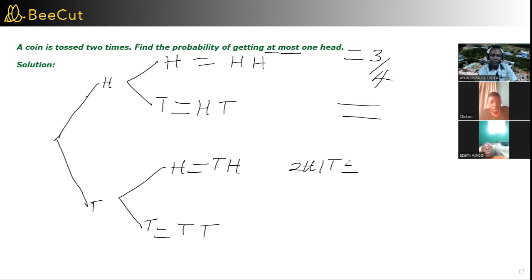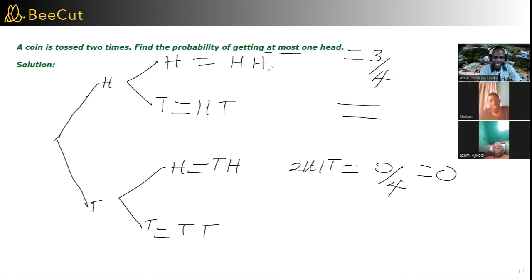Okay, is that your final answer? Yes. Because you are seeing 2 heads and you are seeing 1 tail, it's not possible. That is 0/4, which is 0.